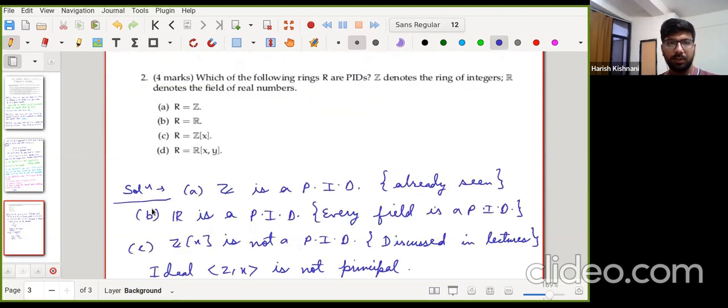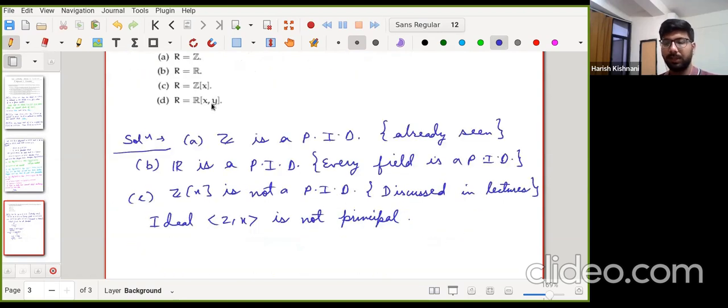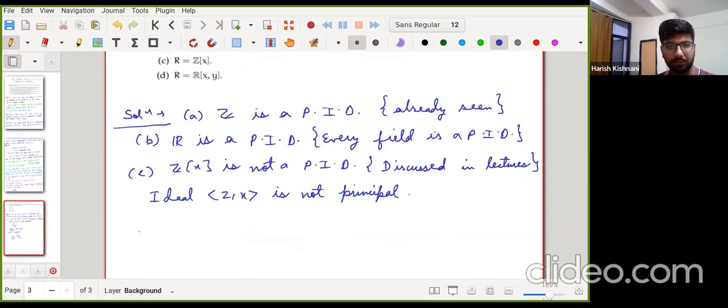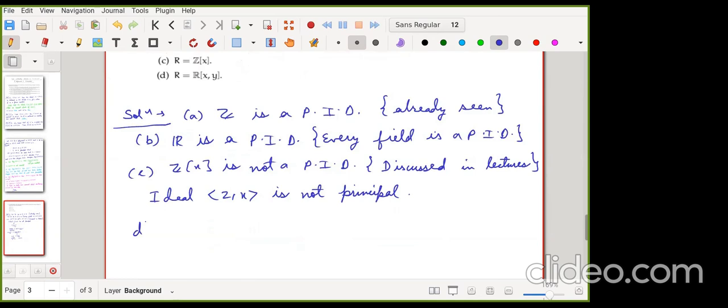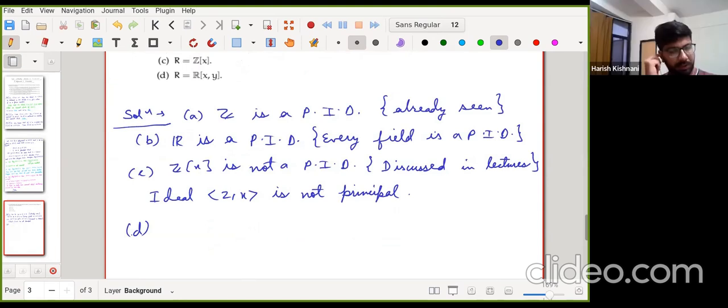Now, what about R[x, y]? R is a field, yes, and any R[x1, x2, ..., xn] with n greater than or equal to 2 is not a PID. And you can get to the contradiction with the same argument.